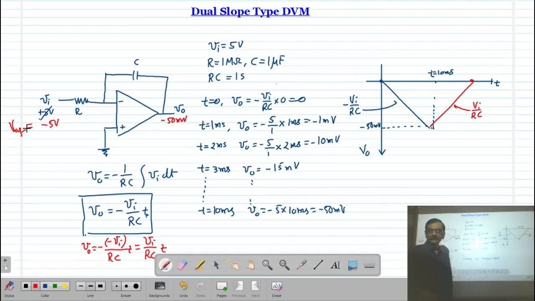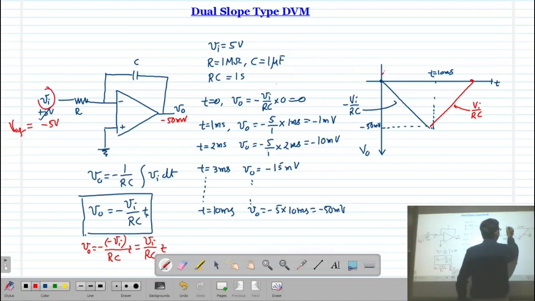Correct? So if this is clear to you, then it is very easy to understand the principle of a dual slope type integrator. Basically in a dual slope type integrator, what we are doing is integrating our input voltage, whatever your unknown voltage is, for a fixed time period. This time period is fixed.